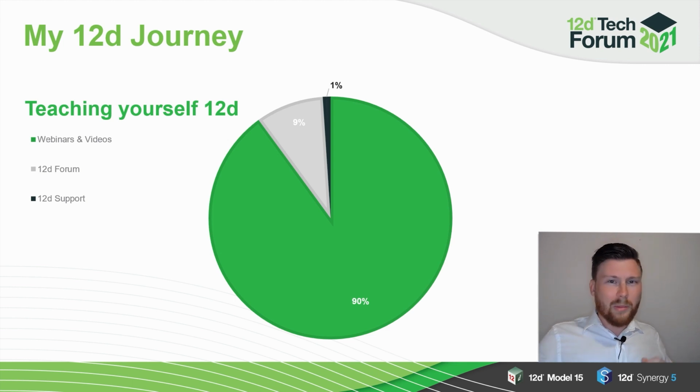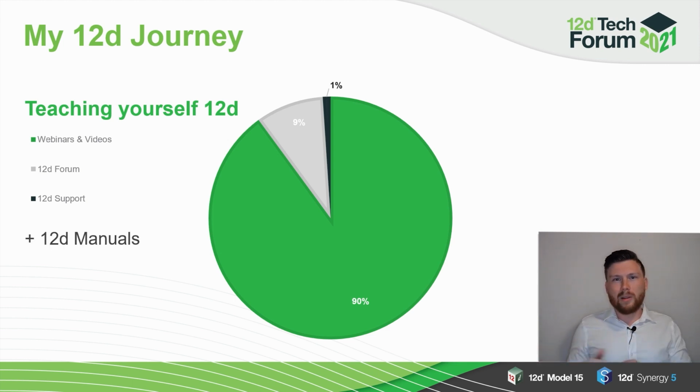Of course, what I haven't mentioned here is the 12D manual, on how to use 12D. I can think back to when I first started with it, being a fairly new user. For the first 3 months of using 12D, I would left click, right click, accept: a 3-step process to select something.